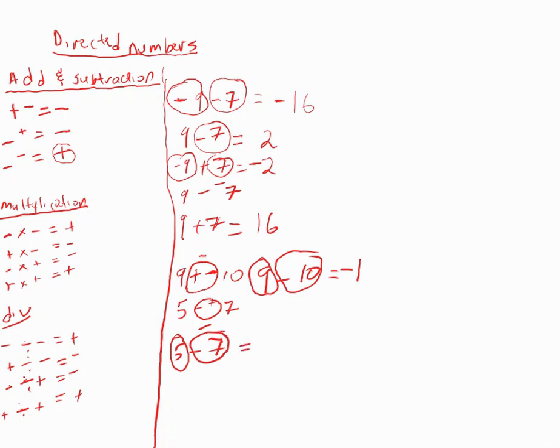This means you are still going to be owing negative 2, right? So I hope it's all clear when it comes to addition and subtraction. When it comes to multiplication and division, it's very easy.